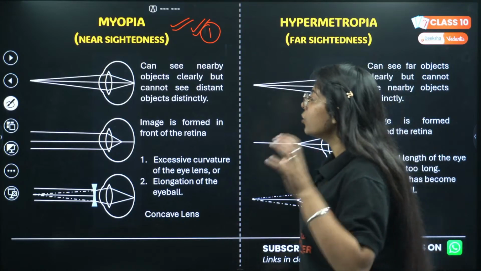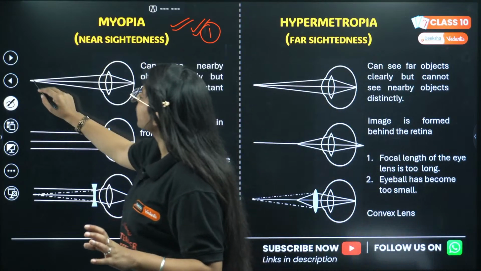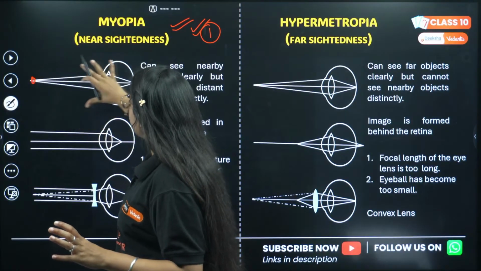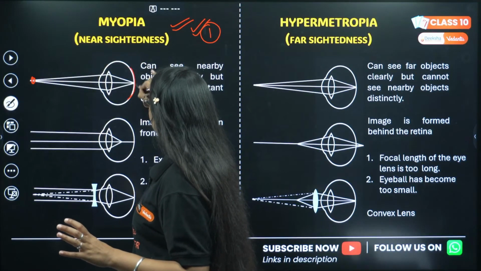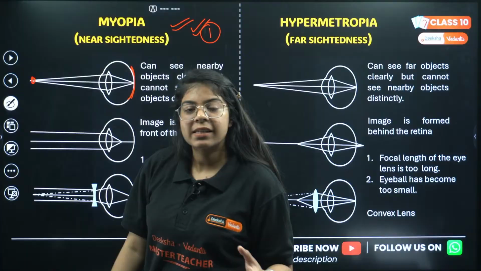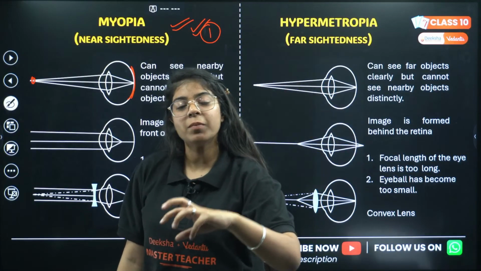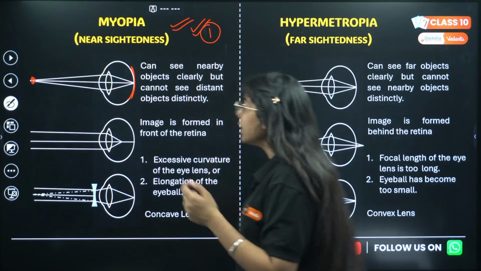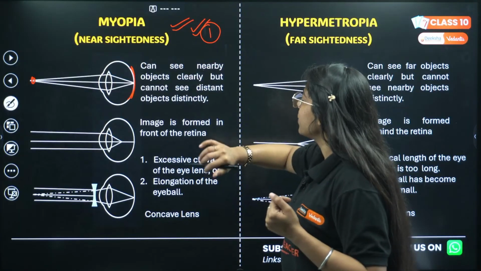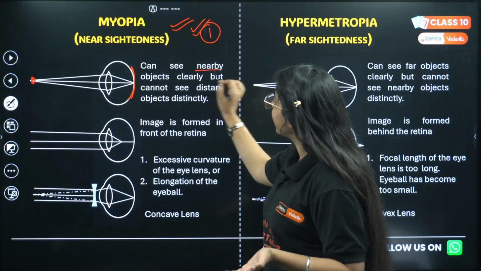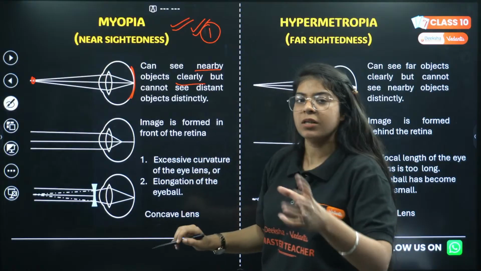Now in a normal eye, the rays are coming from the object and getting focused on the retina. Retina is the screen where, if the image is formed, I can see clearly. In myopia, a person can see nearby objects clearly but cannot see distant objects clearly.